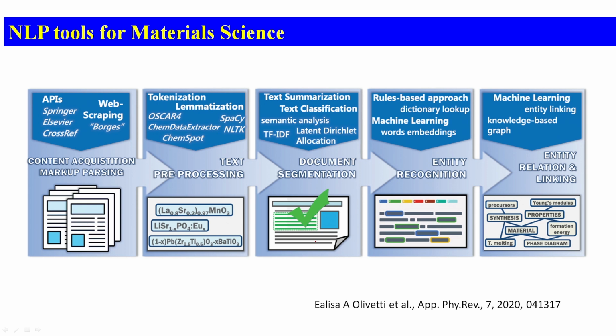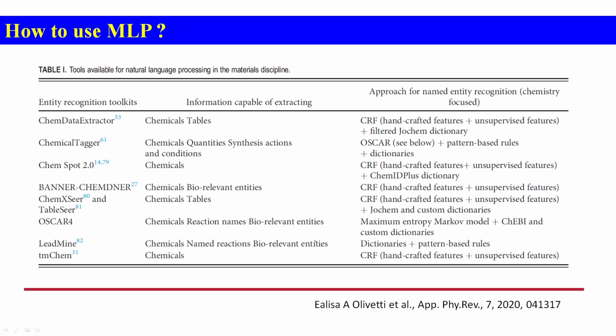So, this is in a nutshell the flow of NLP tools in extracting information. Okay. Some examples are given, like lithium strontium manganate as electrode material. You see there are different kinds of extractors: ChemDataExtractor, chemical tagger, ChemSpot, BANNER, ChemicalTagger, LeadMine.